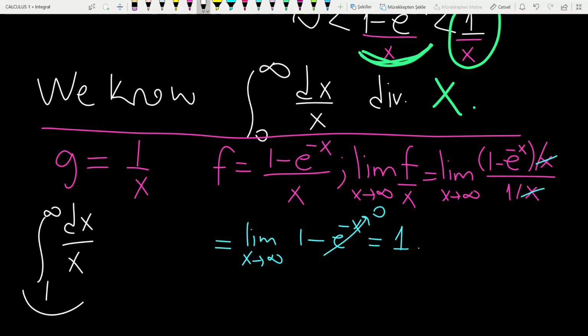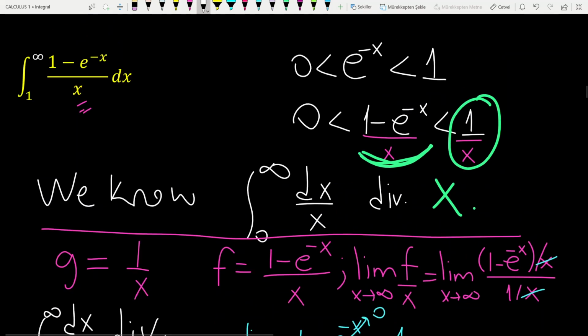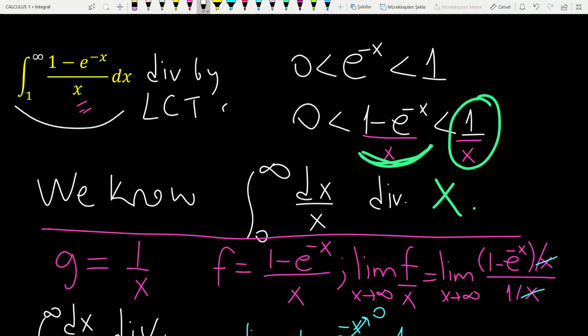This is the improper integral of g. We know that this is a divergent improper integral. Okay? So the convergence of this improper integral and the given improper integral is the same by limit comparison test. So this is divergent by limit comparison test since L is equal to 1 and improper integral of g diverges.